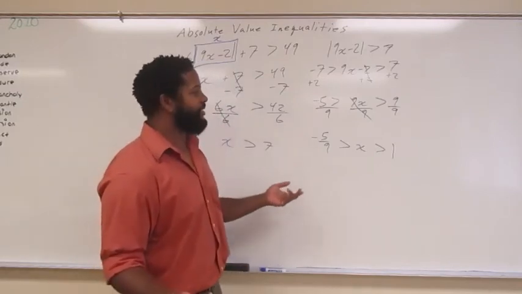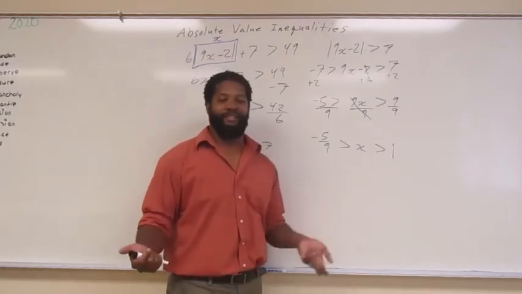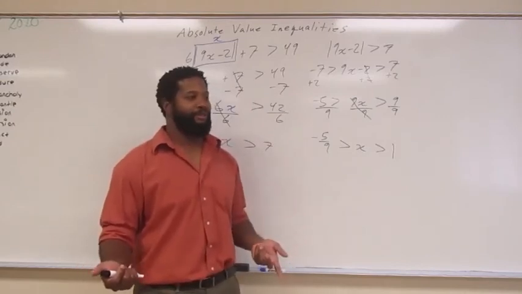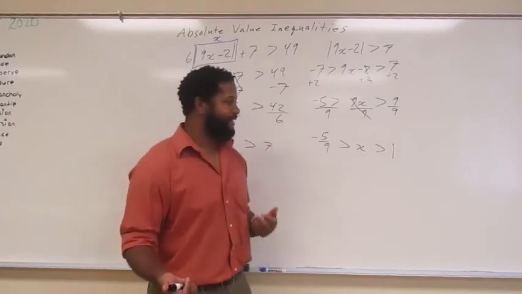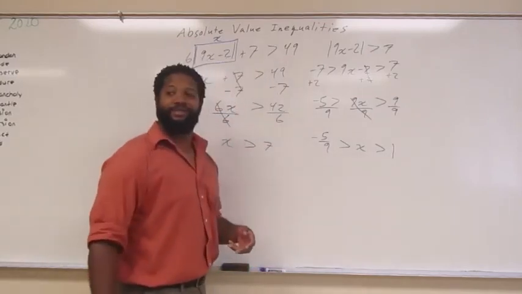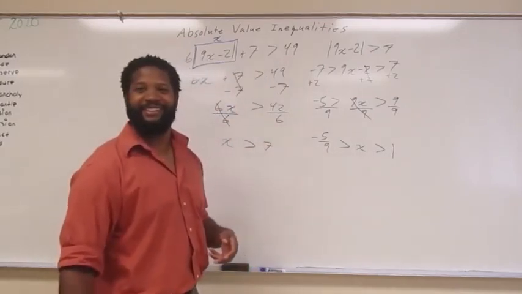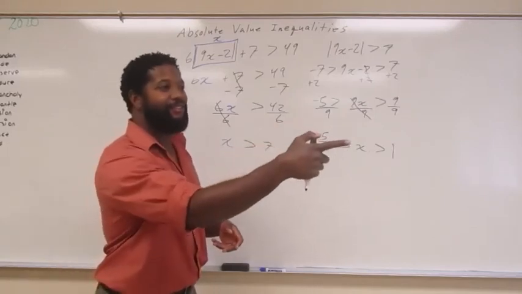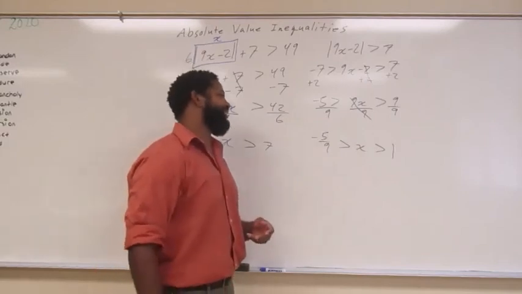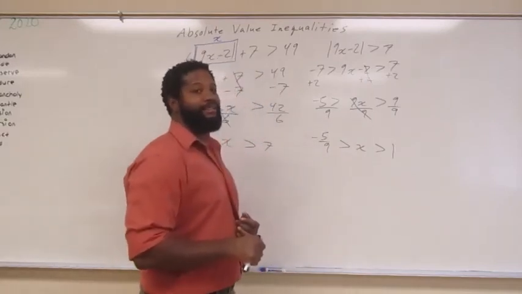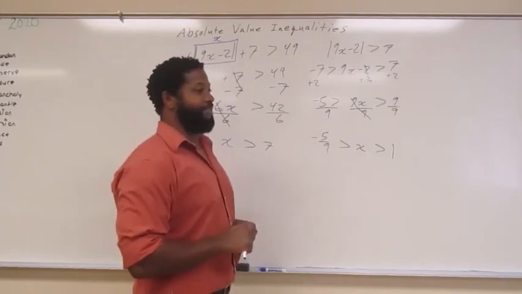I shouldn't have to tell you to simplify 18 over 26, okay? What's 18 over 26? That's 9 over 13. Good job. 9 over 13, all right? That's the answer.